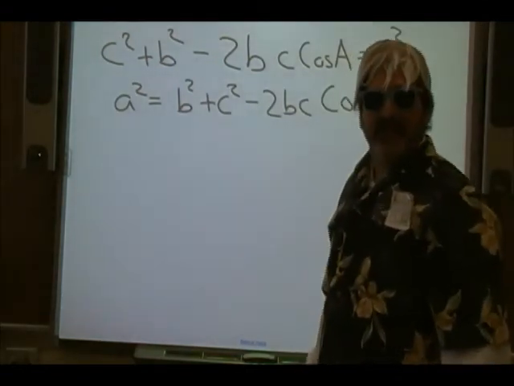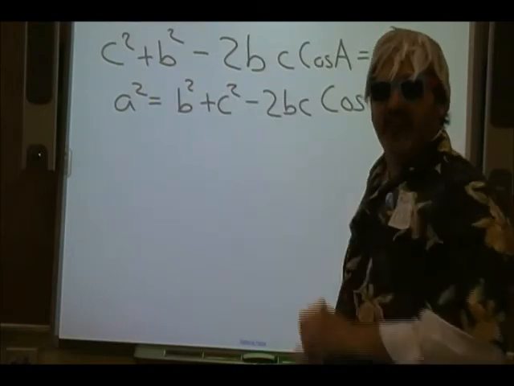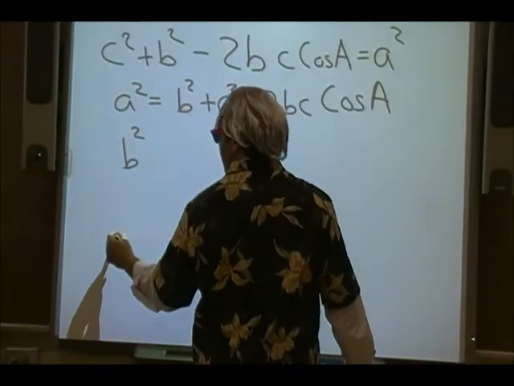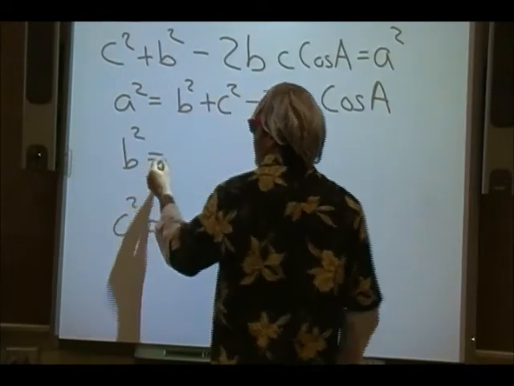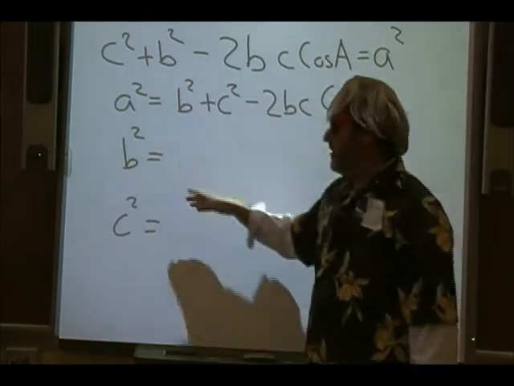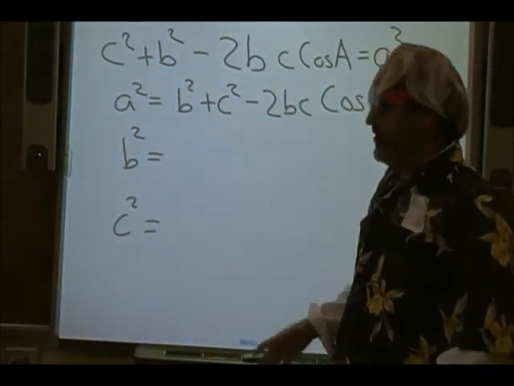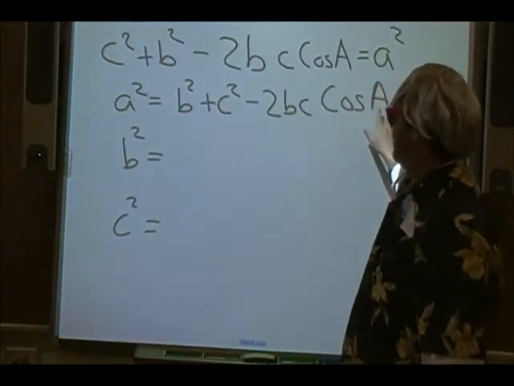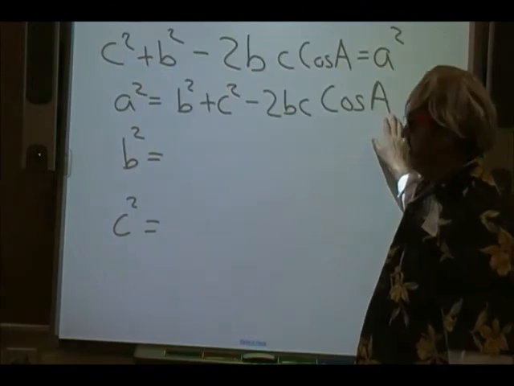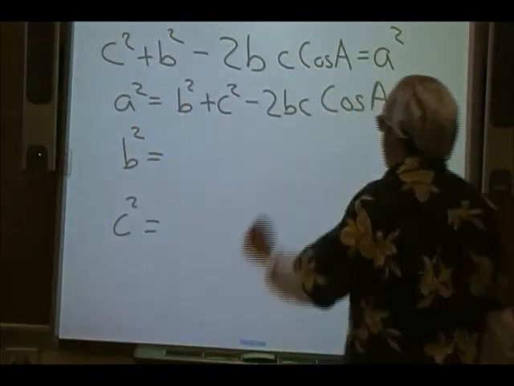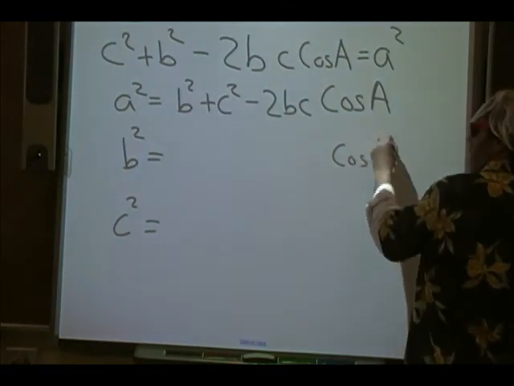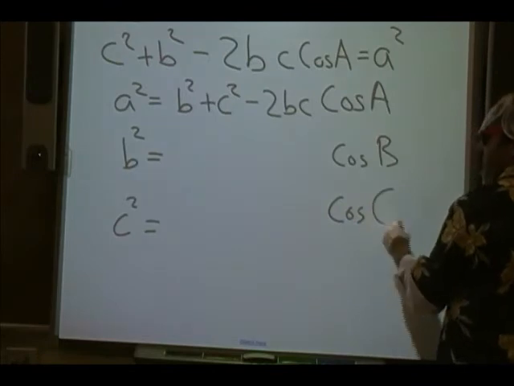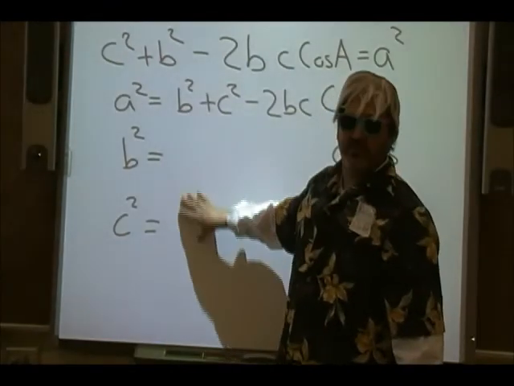And using the same logic, the same reasoning, you can find the other relationships between the other sides. If I wanted b squared by itself or c squared by itself, you don't solve this to find the c squared. You go back and do the same proof, and what you're going to get is that the opposite side, A, is going to be the cosine of that angle. So opposite b squared is going to be cosine of B, and opposite c squared is going to be cosine of C. And then what happens here is the remaining letters.